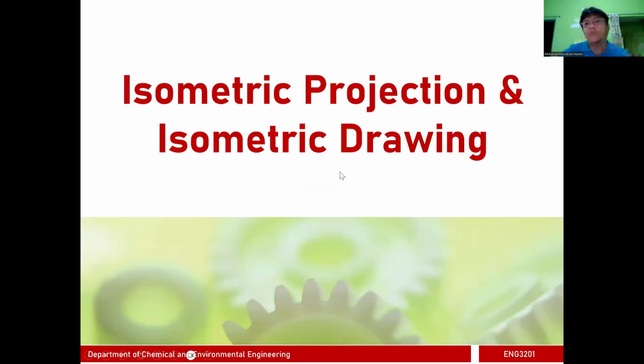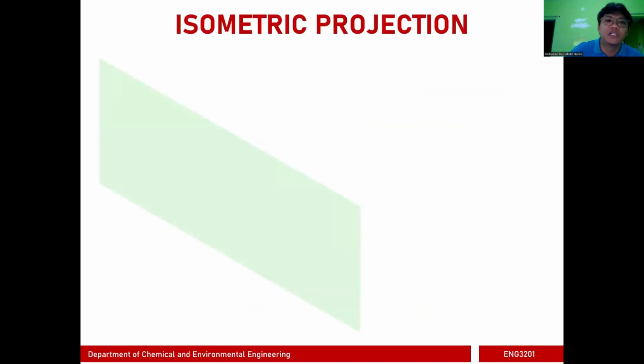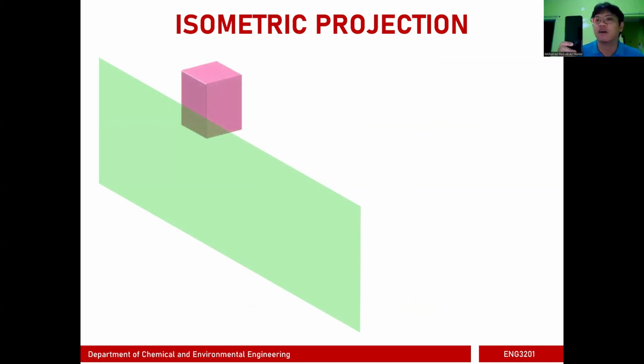All right, isometric projection and isometric drawing. Okay, moving on. Isometric projection. How is it going to be created? It's quite simple. You have an object. First, you make its face parallel to the front, what's called planar projection. Now, when you create that, you're going to get a square because it is just two dimensions.